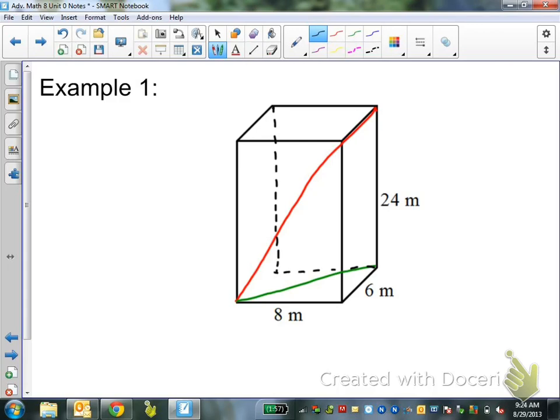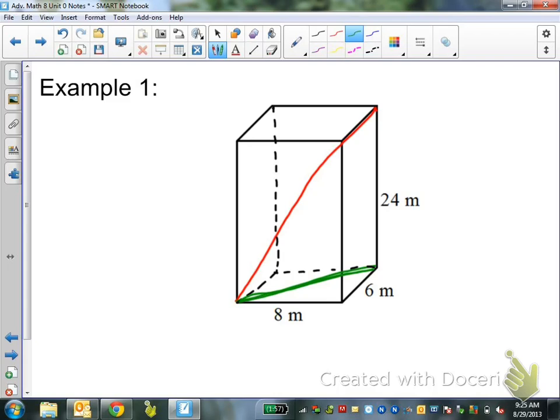And where the 2 meet, you're going to draw another diagonal dotted line. That way we can see this is the base across the bottom, and this is that back edge that we can't see. You want to draw the pieces that we can't see because it's a solid. So this green diagonal across the base is one of the legs of our 3D triangle.